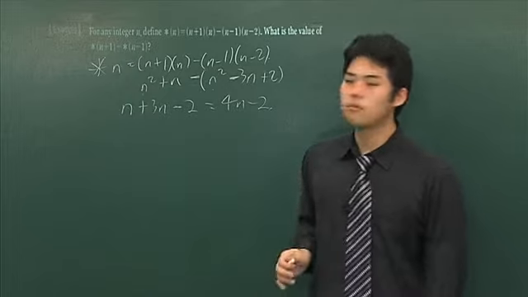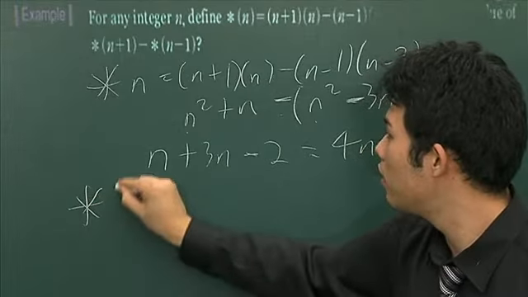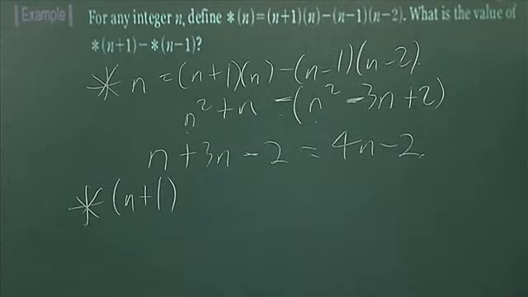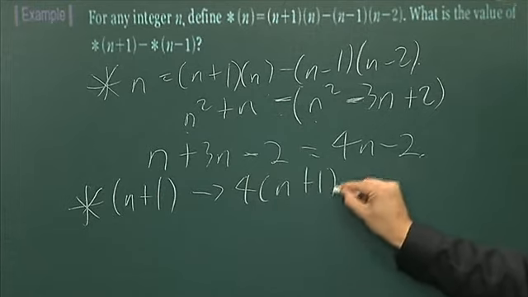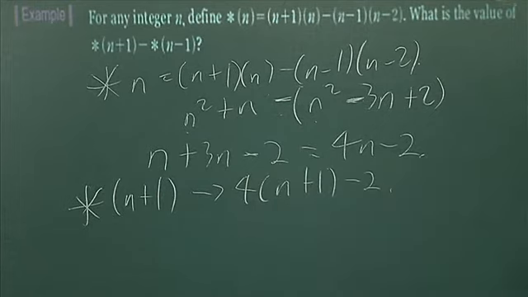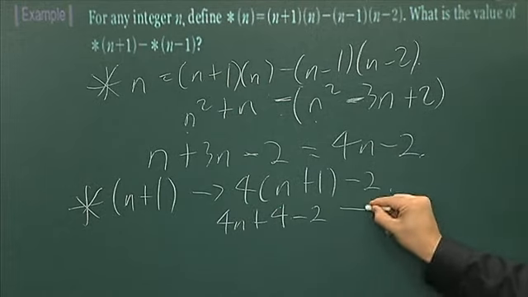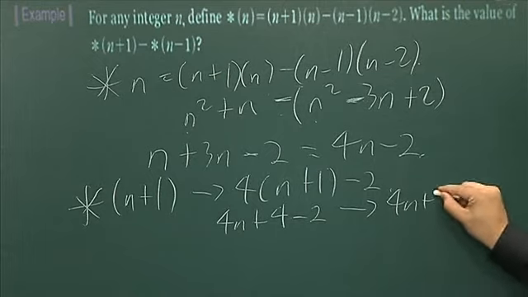So now let's take this in terms of n plus 1 and n minus 1. And remember what we said. N plus 1, just plug in where n is. So this will be 4 times n plus 1 minus 2. So 4n plus 4 minus 2, which is what? 4n plus 2.